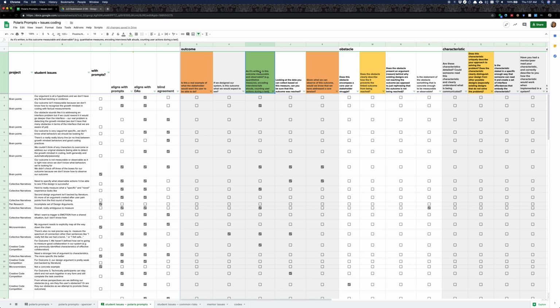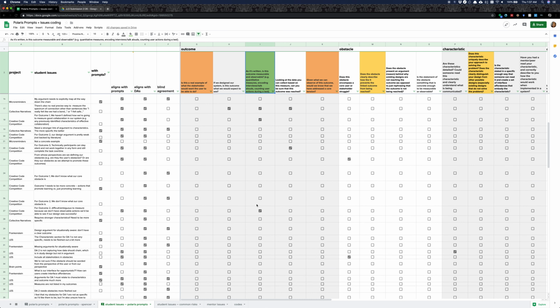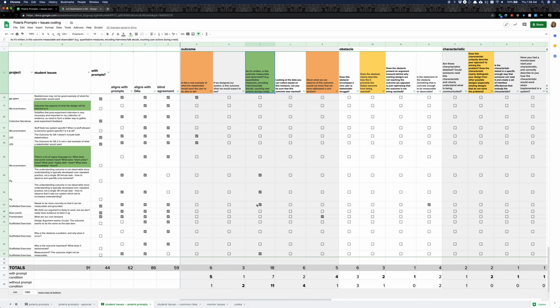The first one is for the outcome in their design argument: is it written as something that could be measurable or observable? If you look at the tallies below, without the prompts, of the 18 instances where students recognized this as an issue, 11 were cases where students were able to catch this without needing to see a prompt.